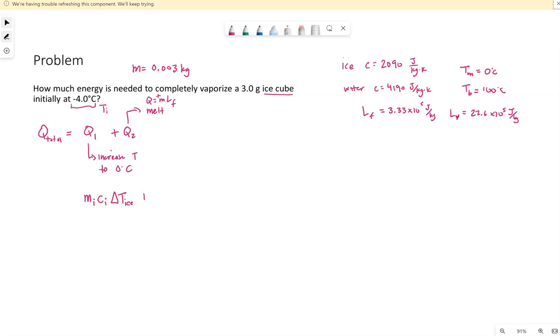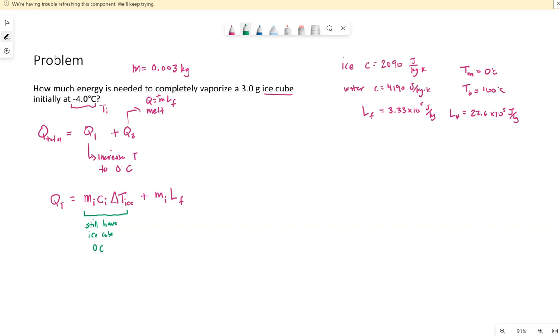I'm going to write this down here as well. So mass of the ice times latent heat of fusion. I'm essentially writing out a total energy we need to put into this system. All right, so as a reminder, after this much energy, we still have an ice cube, but it's now at 0 degrees Celsius.